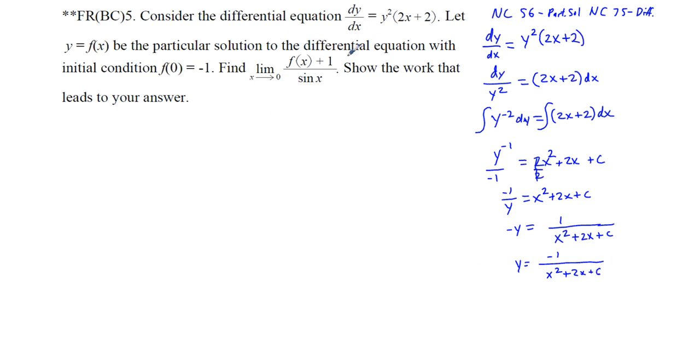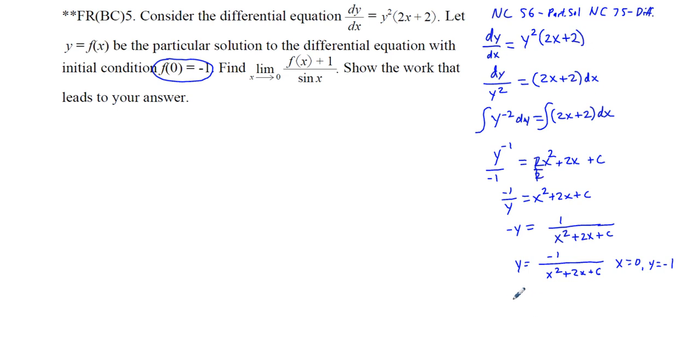Now what we're going to do is take our initial condition, f of 0 equals negative 1. So we're going to substitute in 0 for x, and y equals negative 1. So let's go ahead and do that.